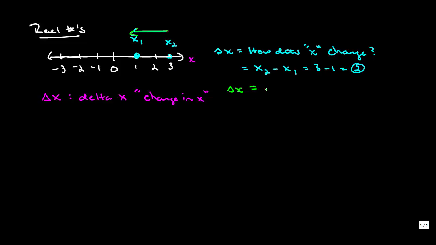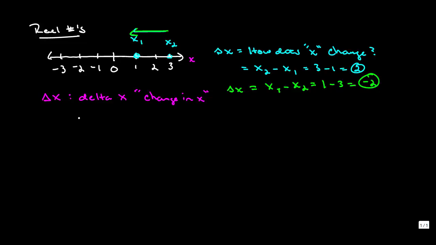This is going to be x1 minus x2, and our x1 value is 1 and our x2 value is 3, so that's negative 2. So our delta x can be positive or negative. We can start to think about this in terms of distance, and I'm going to talk about that in the next video. But for now, we just need to think about delta x as how x is changing.